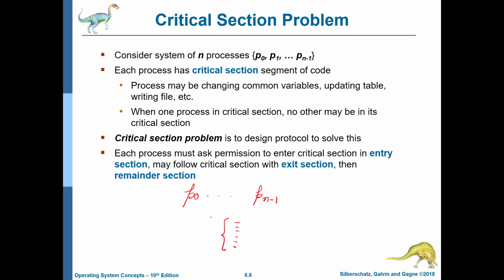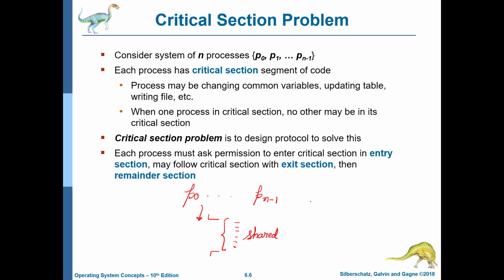We demarcate a piece of code that changes shared variables, like the piece of code that was updating the counter variable, or the piece of code that will update the next PID variable in the previous slide. What this says is that we demarcate a block of code, and when one process is entering it, the other process cannot enter, it's going to wait. So only one of the processes can execute instructions in the critical section at any given point in time.